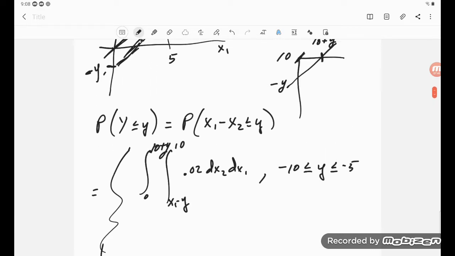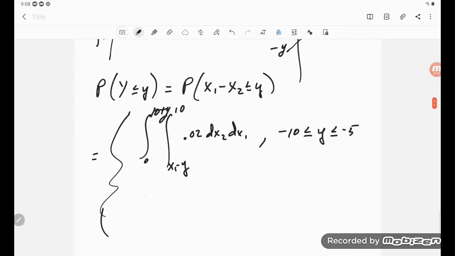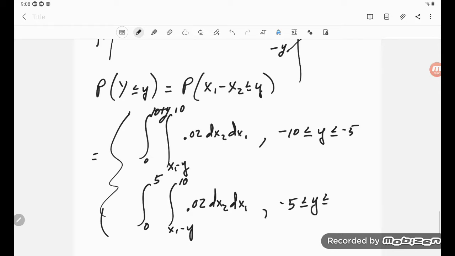Okay, now we're on to the second one, which does go up to 10 and 5 and so forth. So this is 0 to 5, and x1 minus y up to 10 of 0.02 dx2 dx1, and that's -5 less than or equal to y less than or equal to 0.